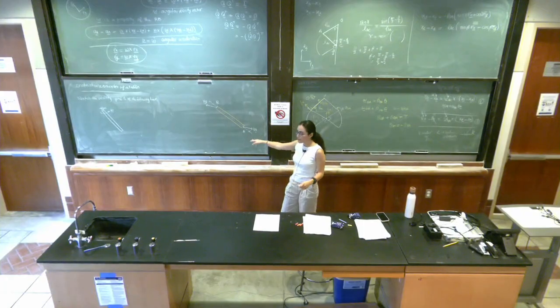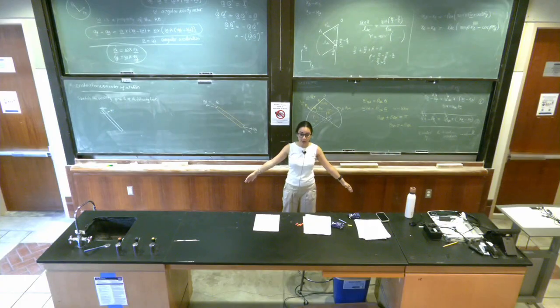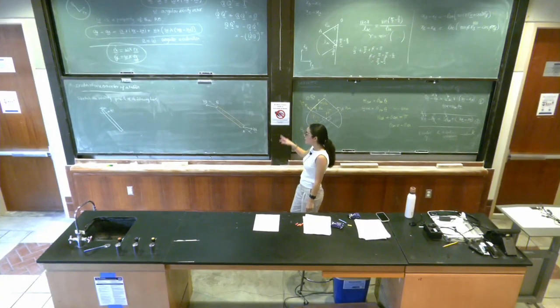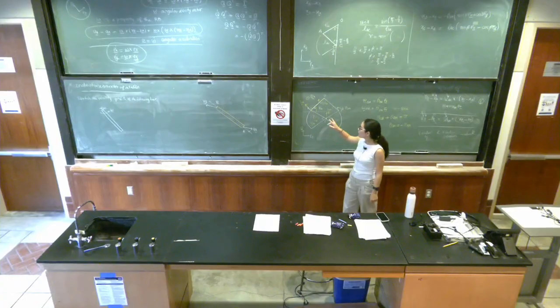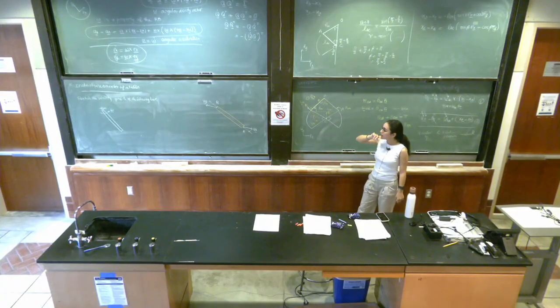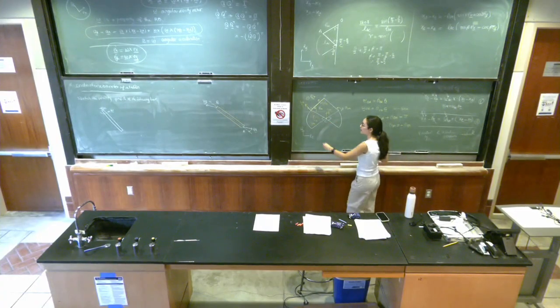This is only possible if the rigid body is stretching, right? Which by definition a rigid body cannot do. So this is not a possible motion, which if we go back to here, this also says that this is not a possible motion.